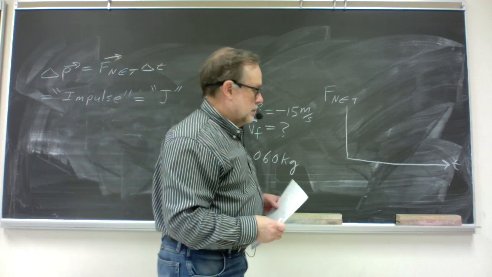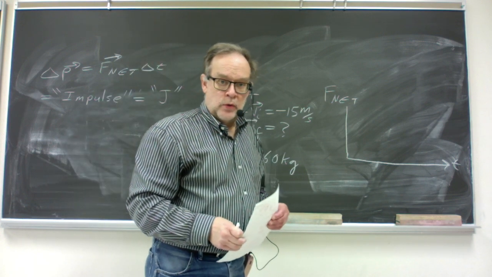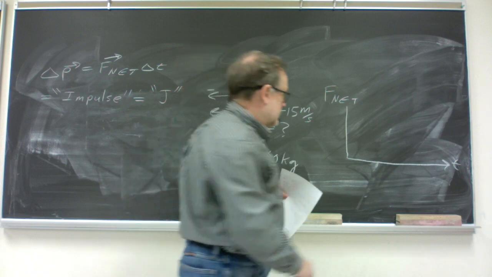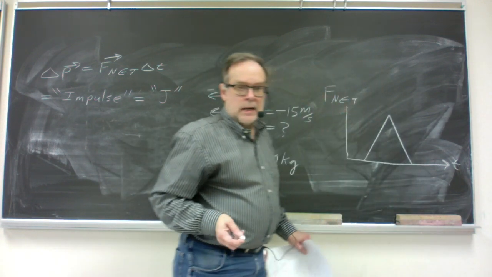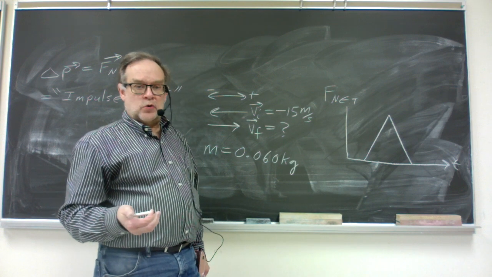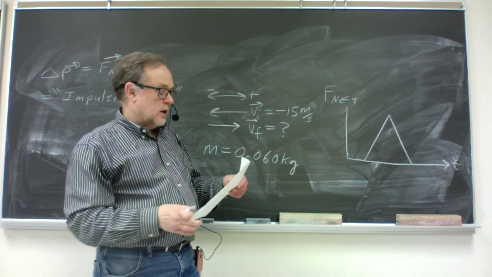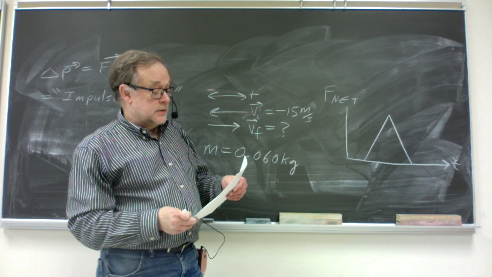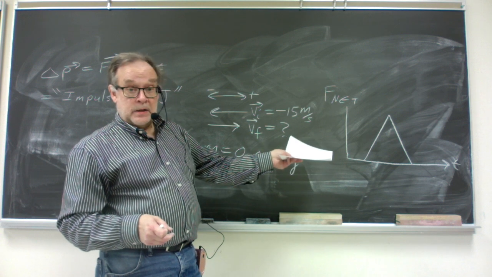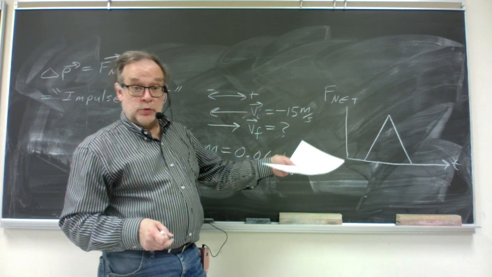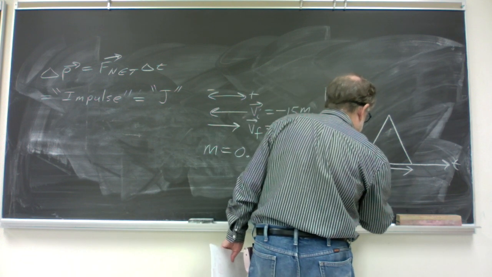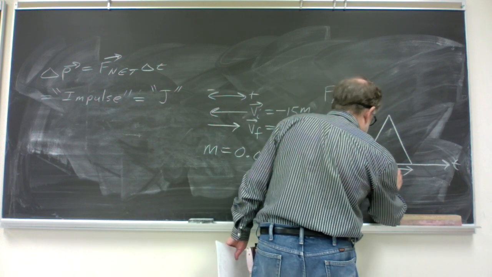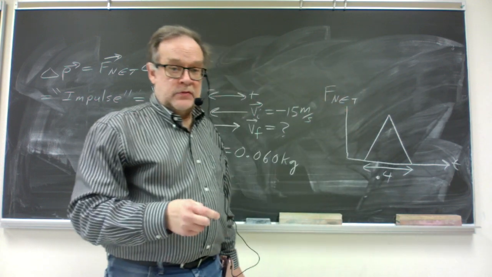And let's say the force from the racket on the ball behaves like this. Not constant, but it increases for a while and then decreases for a while. And let's say that the time that the ball is actually in contact with the racket is, say, 4/10 of a second.